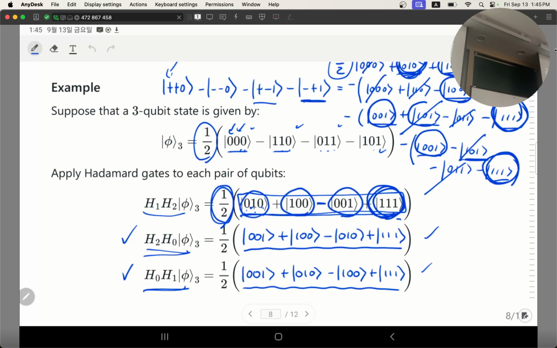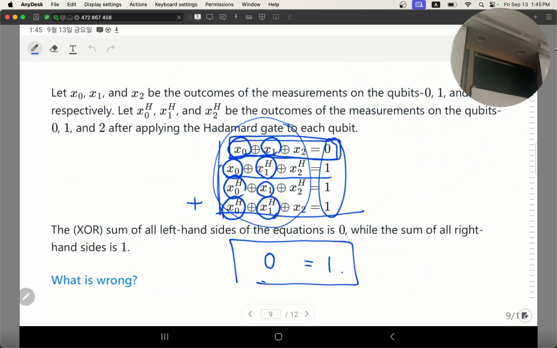If I do it over and over, let's say 4 times, taking a Hadamard on all different choices of qubit, I still get this contradiction, right? So the problem in that case is that even if I took the time machine and went back in time to get the same quantum state, they're not the same, right?